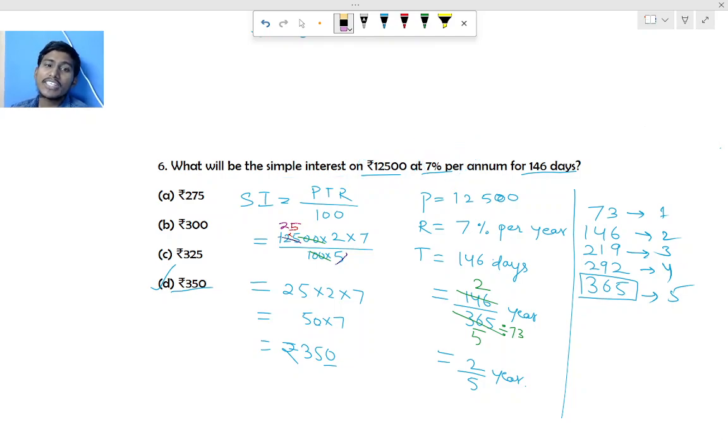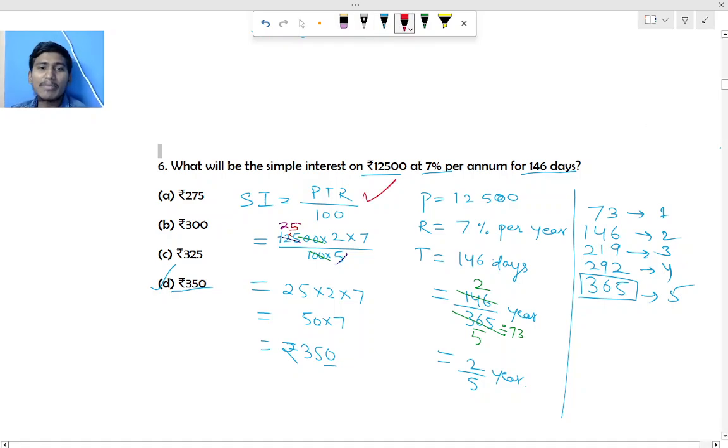So now here in simple interest, how do we find? We find using PTR by 100. So here principal is 12,500, rate of interest is how much? 7%, and time is 146 days. So 146 days in a year will be divided by 365. 1 year means 365 days, right? So divide by 365.